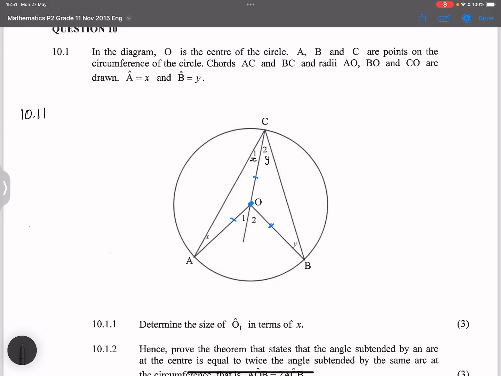10.1.1. So we said, firstly, let's start with OA is equal to OC, and these are radii. And we know that, therefore, angle C1 would be equal to angle A, which is equal to x, right?